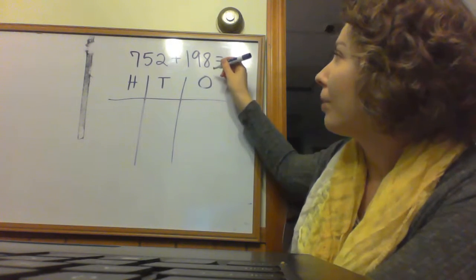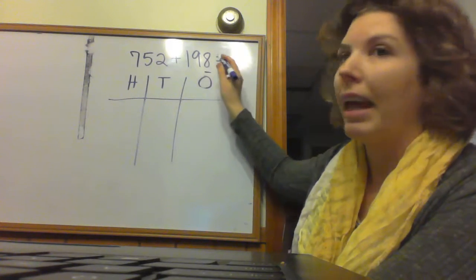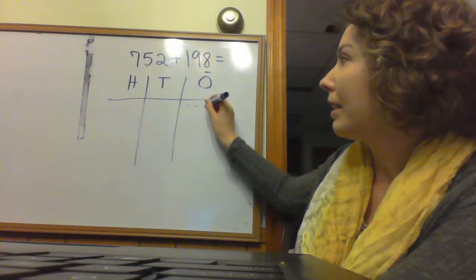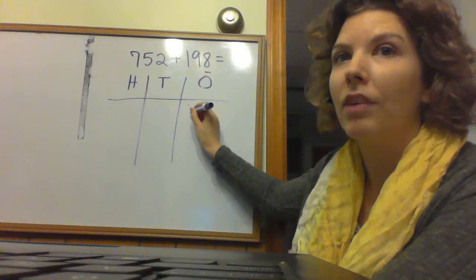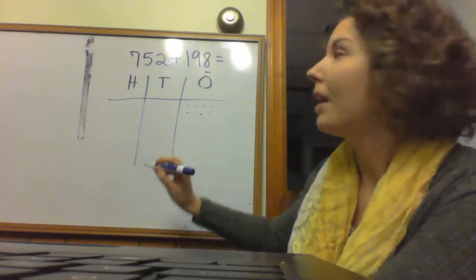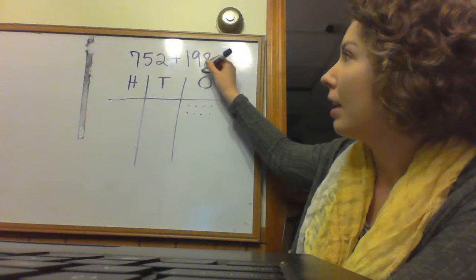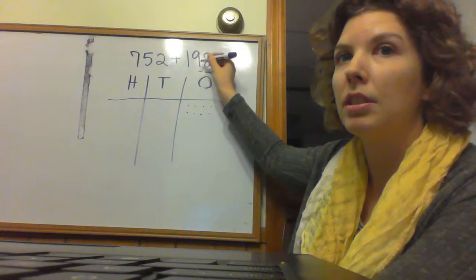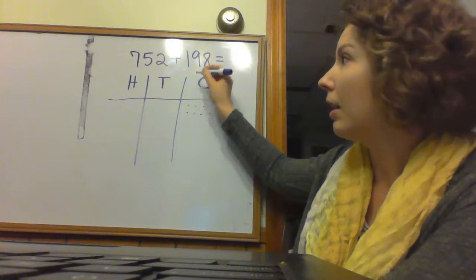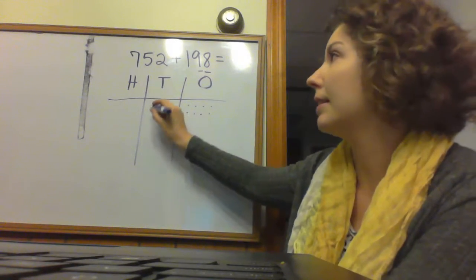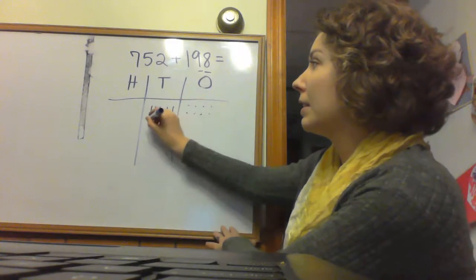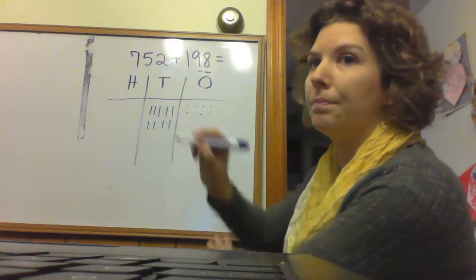So let's look first at 198. We have an 8 in the ones place, so I'm going to put 8 dots to represent 8 ones. Okay, now I move over to the 9. That doesn't just mean 9, that stands for 90. It has a value of 90. So I'm going to put 9 ten sticks. 1, 2, 3, 4, 5, 6, 7, 8, 9.